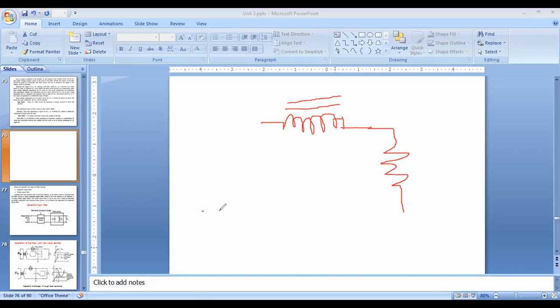So this is the inductor filter. And the capacitors are always connected in shunt.